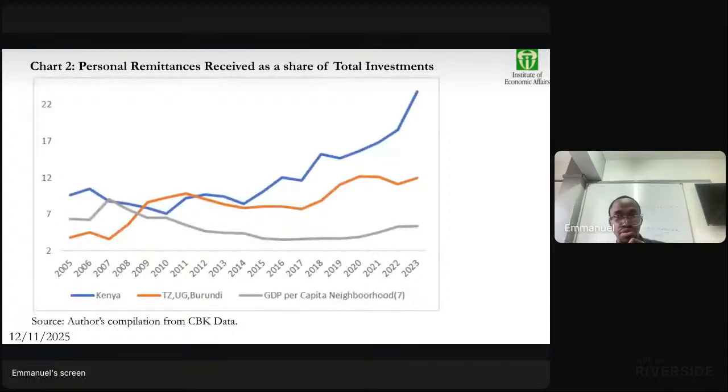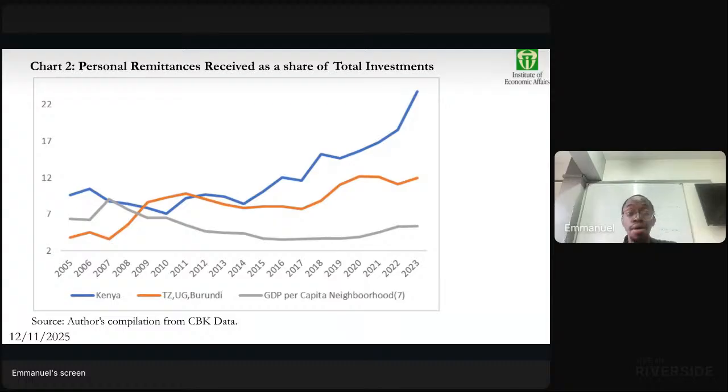Let's see if we have time for one more chart. Now, personal remittances received as a share of total investments. If we look at investments, Kenyans received much more remittances compared to total Kenya investments than the per capita neighborhood or Tanzania, Uganda, and Burundi.